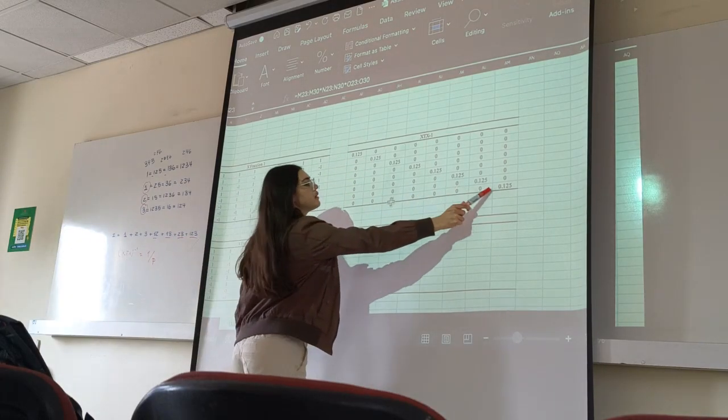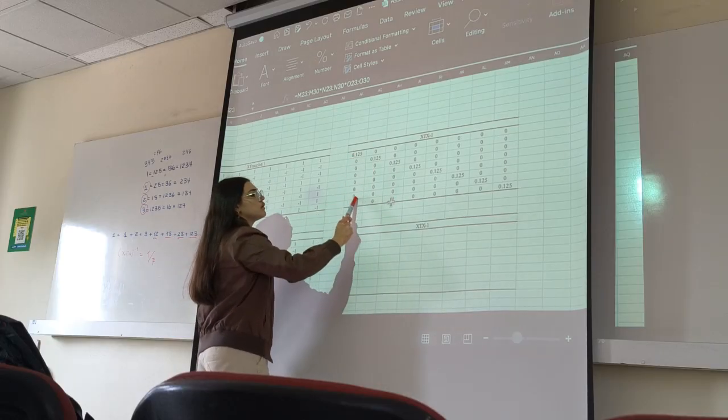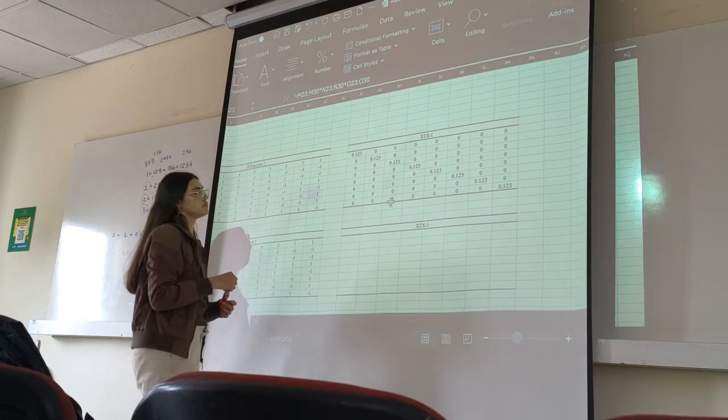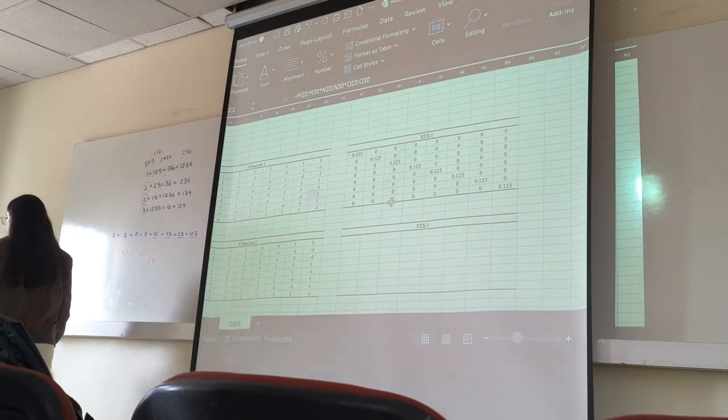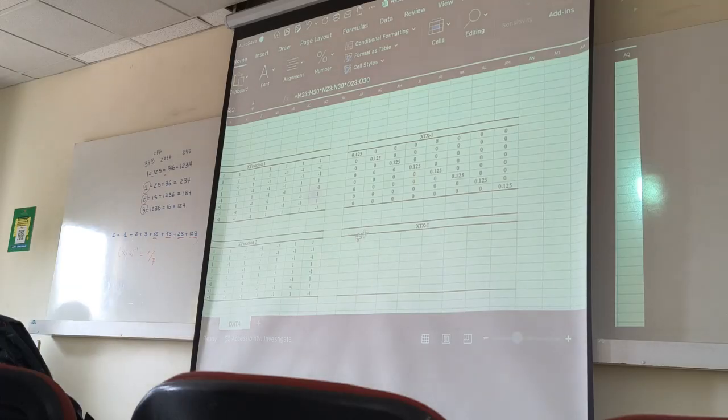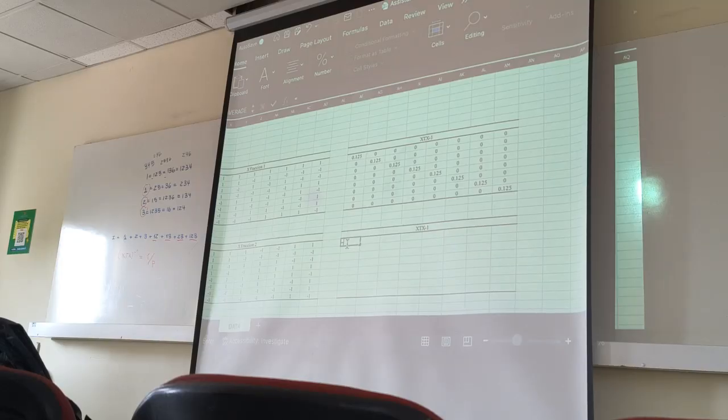Just this part with values and the other part with zeros. And this one, it will get the same value, because we have the 8 parameters. So we will do inverse. Transpose.